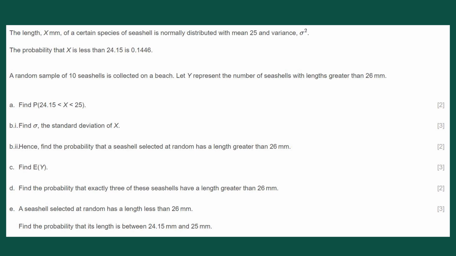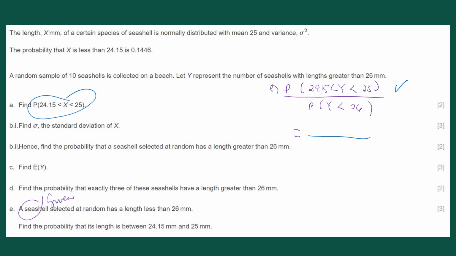Another way to put that problem is that we're looking for the probability that y, the seashell, is greater than 24.15 but less than 25, given that y is less than 26. Regarding the length, this has already been solved in part A. We know this to be 0.3554. You can look it up.